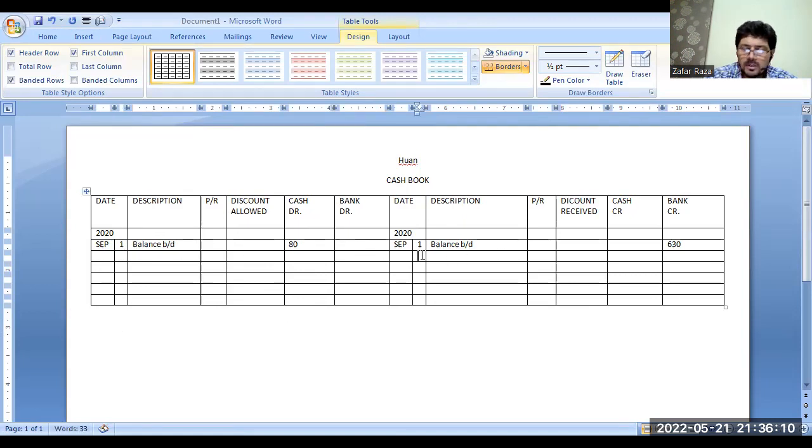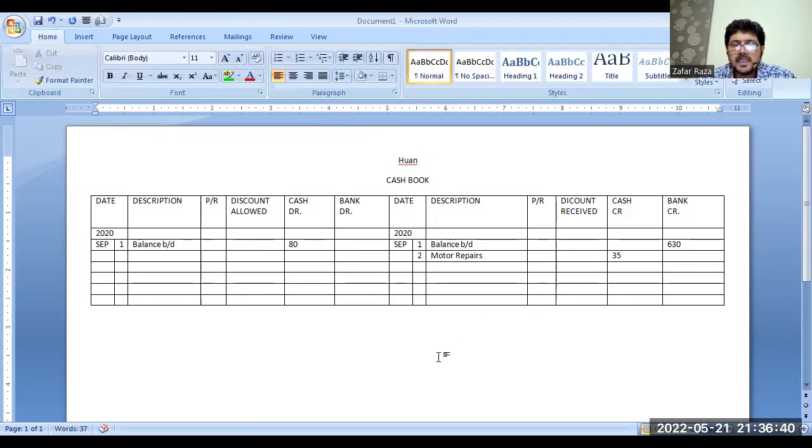Now September 2, paid for motor repairs from cash, that is $35. Getting my point here? We are paying through cash.